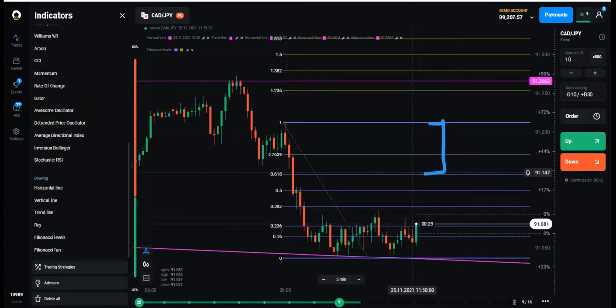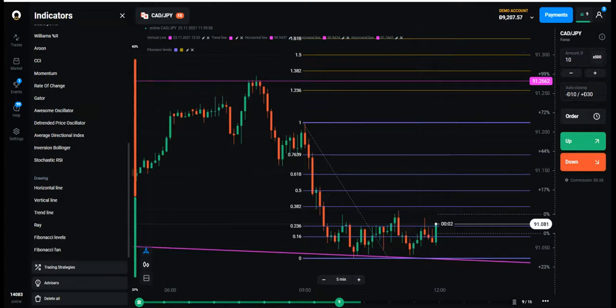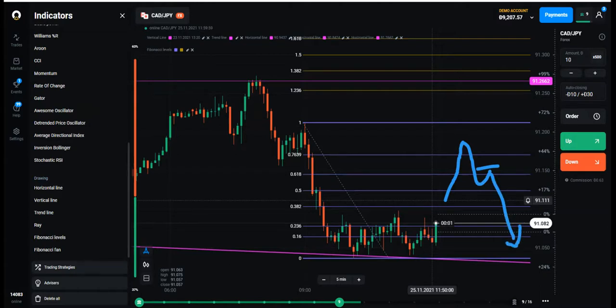So anywhere from here to here would be an entry level for a good price, and then continuing lower, and we'll be placing the stop loss above and then take profit below on that line that was marked out. So again, as with the previous trades for this week, I could wait for another lower time frame 1 minute retracement and then take it on that retracement to be safe. That is safer, but you'll need to keep monitoring and watching that if you want to take that.